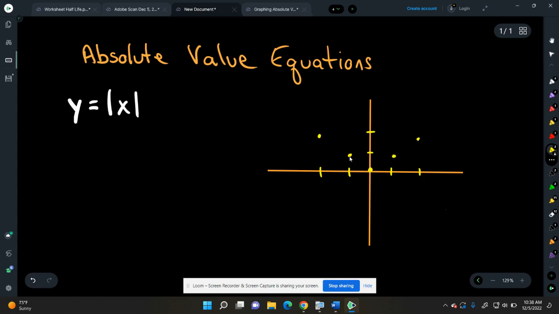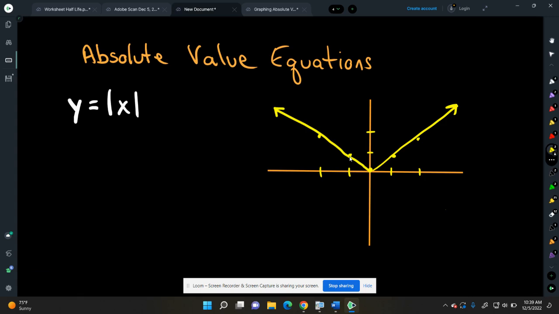An absolute value equation is a V. You can remember that because it's absolute value, V. V for value, absolute value. They will all be V's.